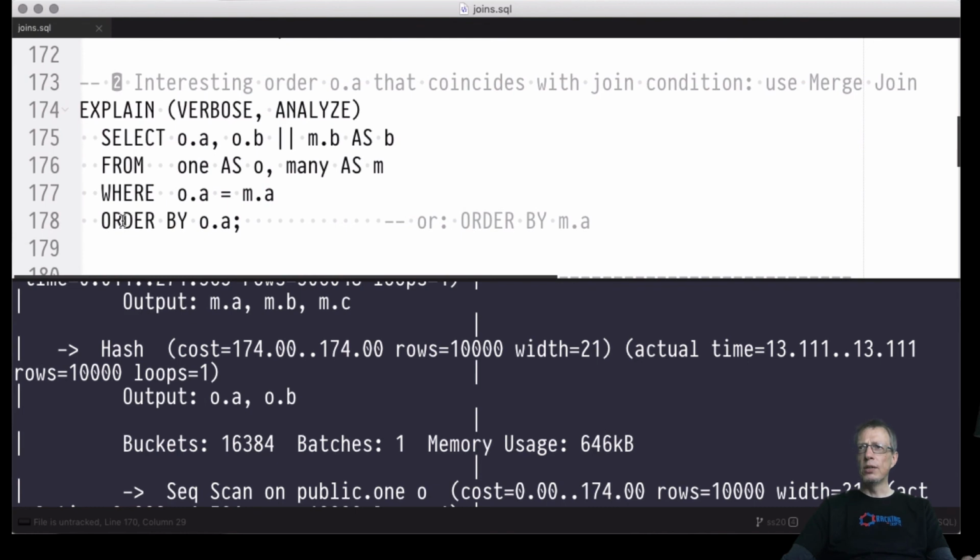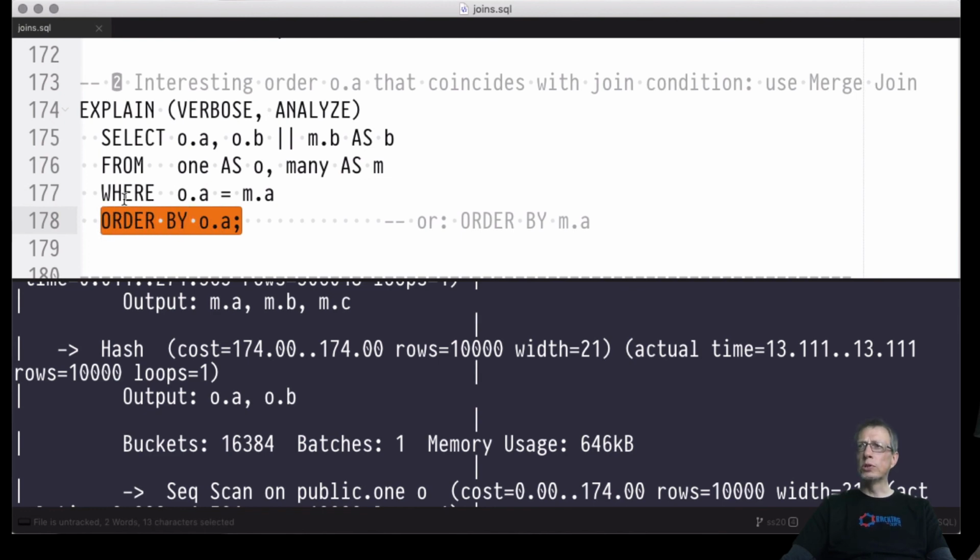Look here, there is just an added order by clause that we have added to this overall plan. The order in which we request the rows to be sorted coincides with the join predicate here. This join predicate, if it were evaluated by a merge join, asks for rows in A order. And this is exactly the order that this order by clause requires.